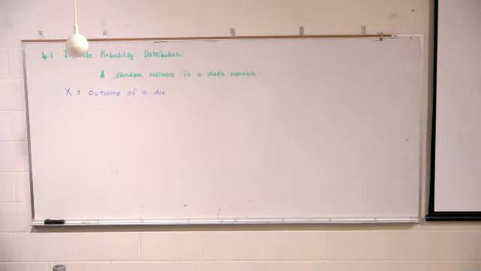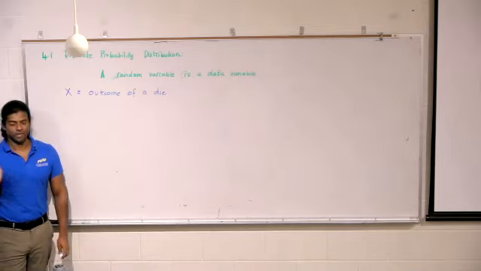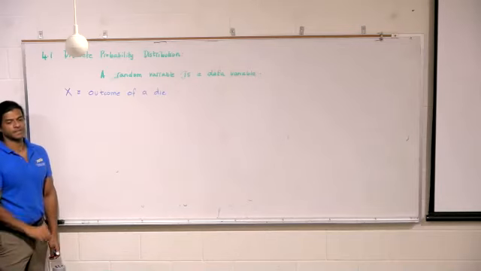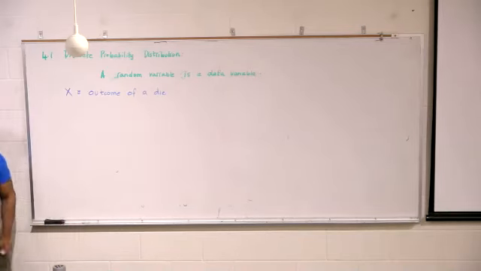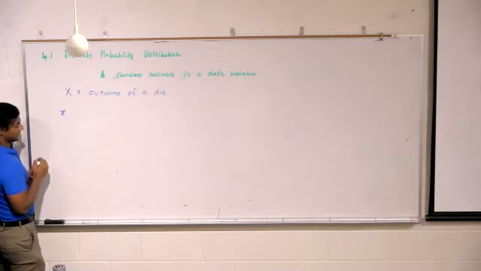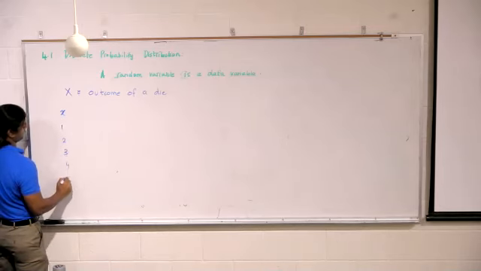How about the outcome of a six-sided die? Do you believe that it is going to be continuous? No, definitely discrete. What are the possible outcomes? 1, 2, 3, 4, 5, 6.